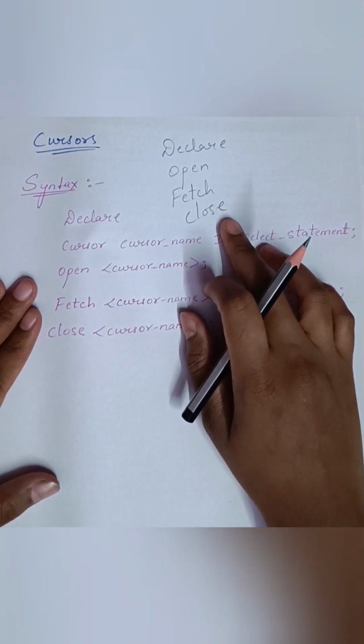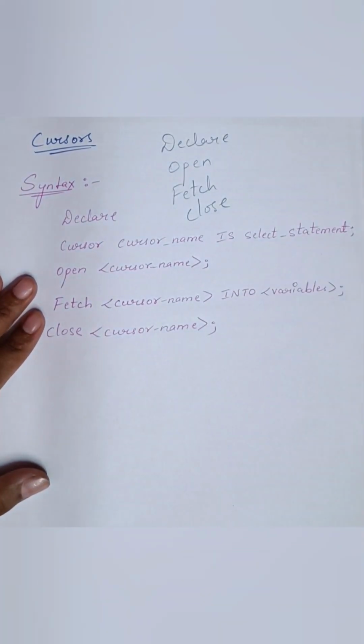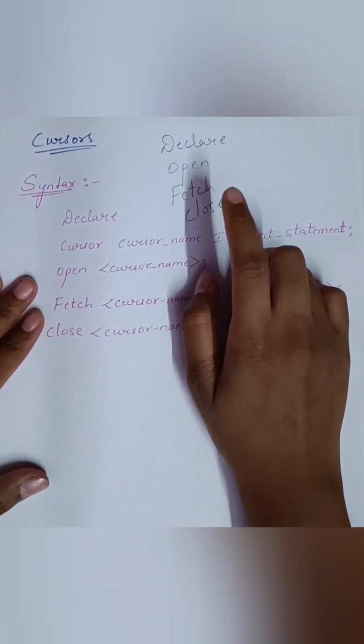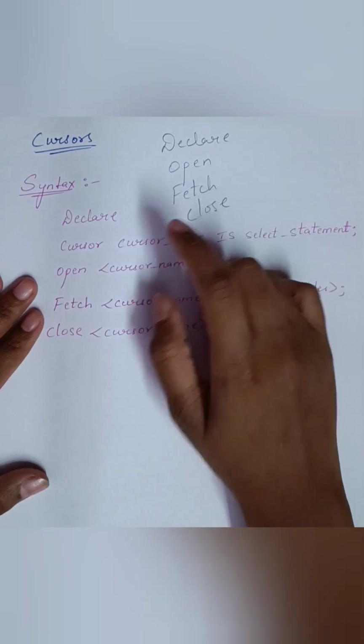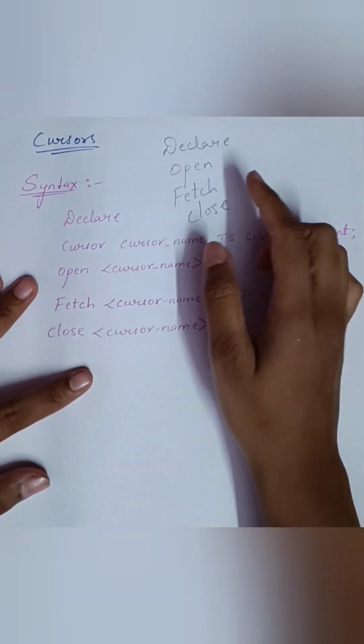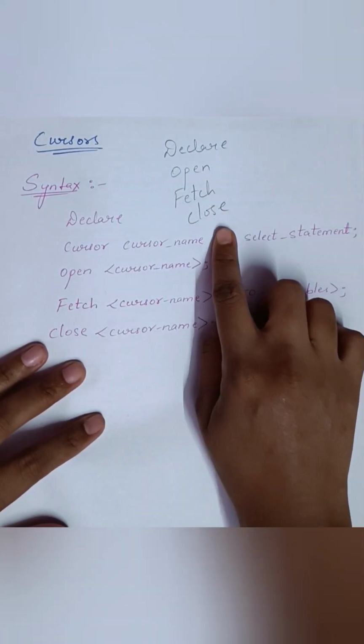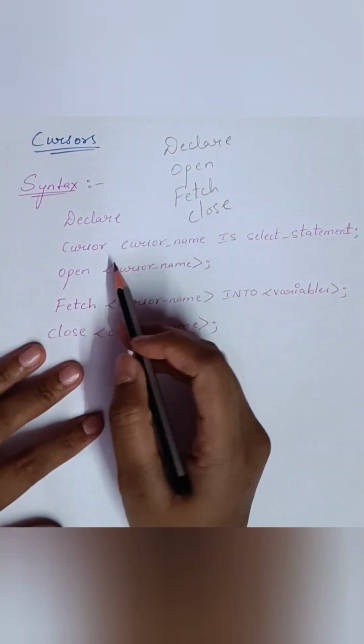If you want to write a PL/SQL program using a cursor, you have to remember these four things first. This is the simple syntax, and I've written a little detail here: declare, open, fetch, and close. Now in detail we will see the syntax.